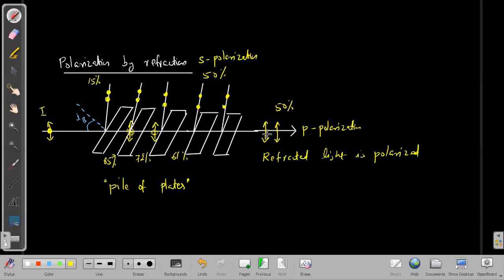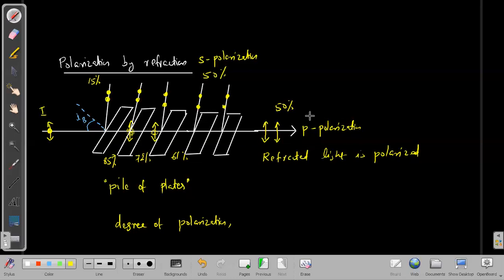Okay, now there is one quantity you have to define here. The quantity is called the degree of polarization. So if IP and IS denote the intensity of P polarized and S polarized component in the transmitted light.